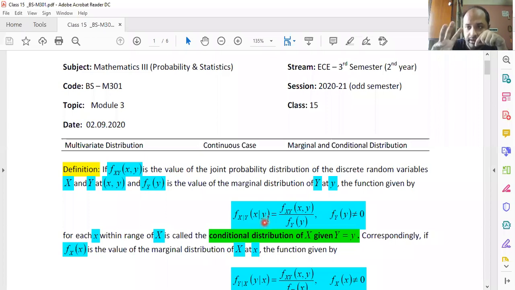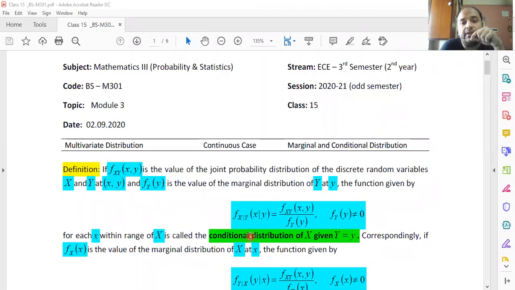This is the shape of the value of the function. And these values, you know very well, correspond to the mother variable capital X given capital Y. So it is defining the condition imposed on the variable. The condition says that the mother variable capital Y has already taken the value small y. Given this, we are supposed to find the probability that capital X is going to take some values. And you know very well the definition of conditional probability, so that notation has been used over here.